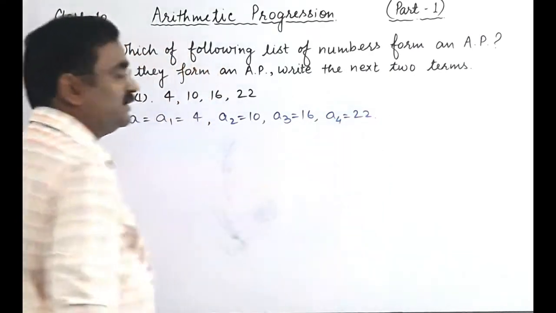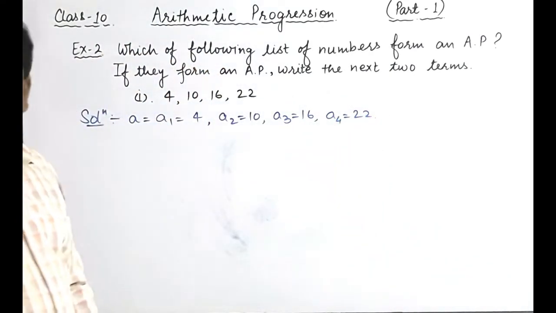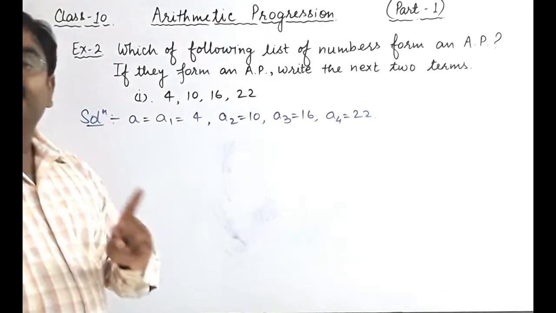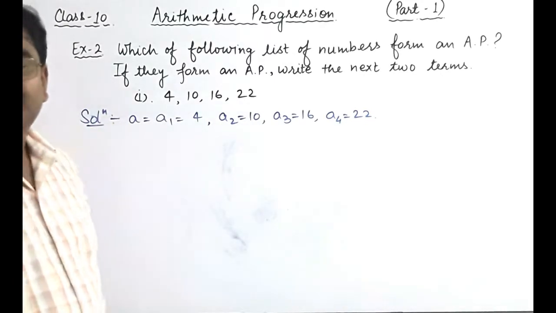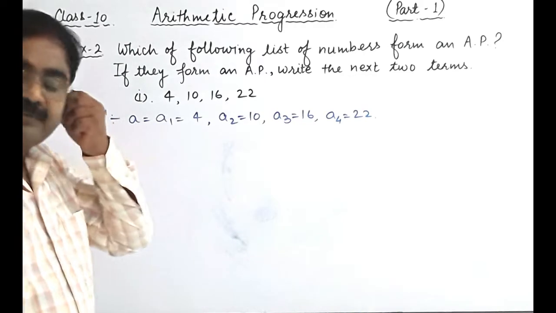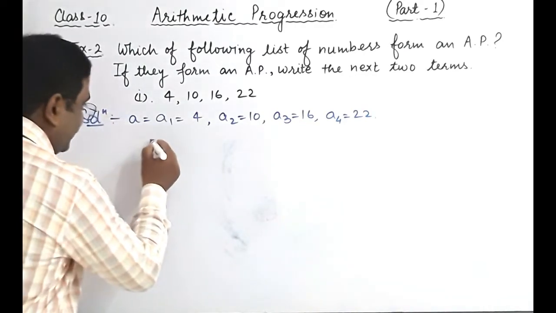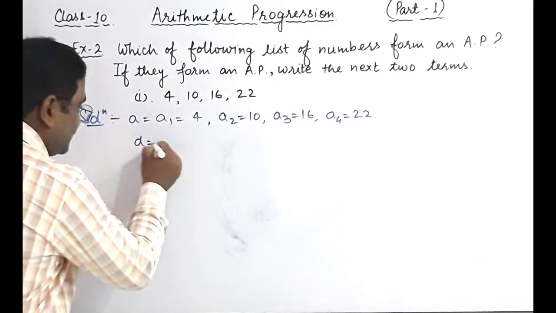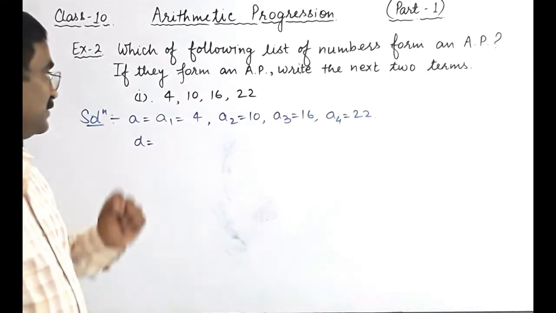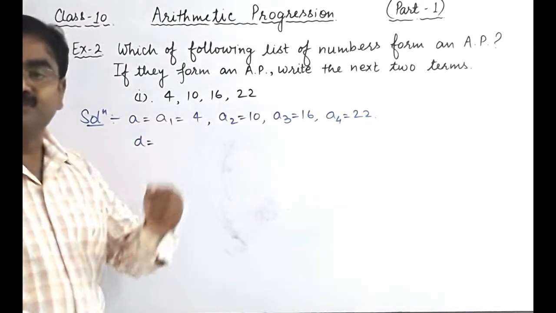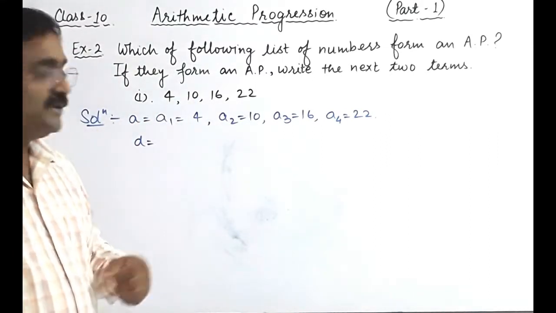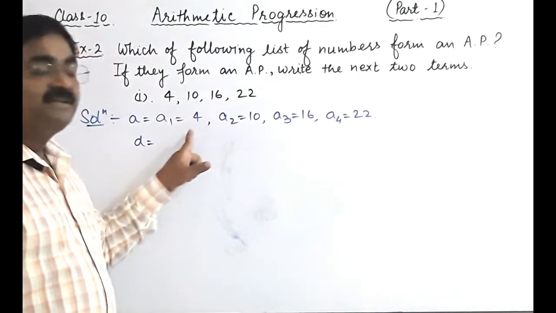There are 4 terms given in this. As we know, the common difference should be the same. So to find the common difference, you know there are many formulas. Suppose you are starting with the first 2 terms, how do you find the common difference? Second term minus first term.